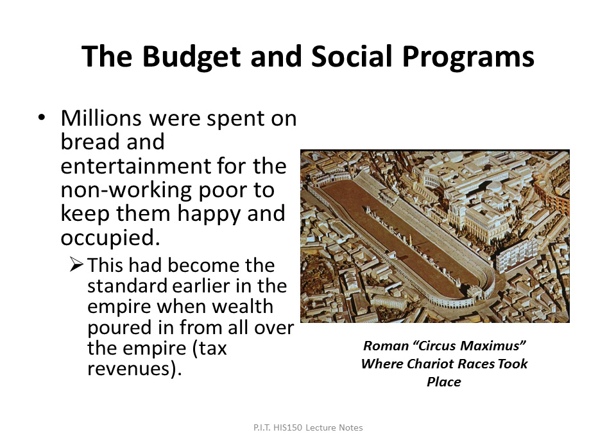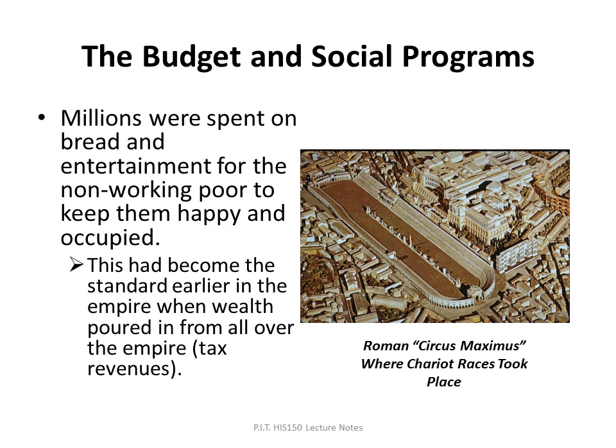Now we also have to look at the budget. Millions were spent on bread and entertainment, or bread and circuses as we called them. And this was primarily for the non-working poor to keep them happy and occupied. Because remember, if people are full and entertained, they will not cause a ruckus.